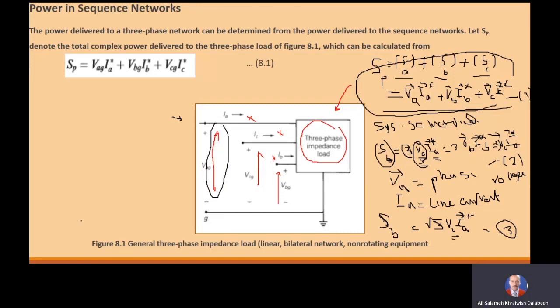The next note that I want to explain is, what do we mean by the conjugate of the current? If we have a coordinate system and a vector A, where is the conjugate of the vector A?